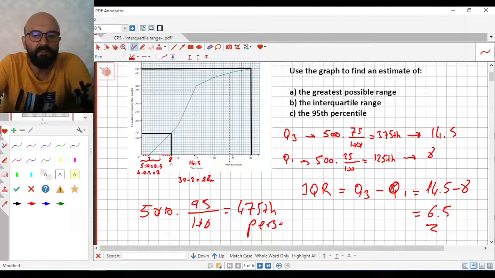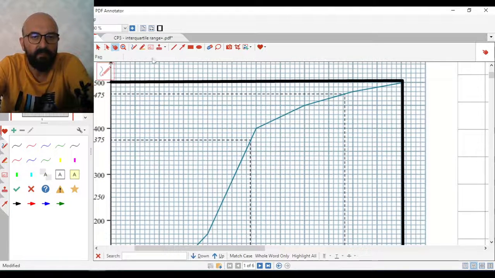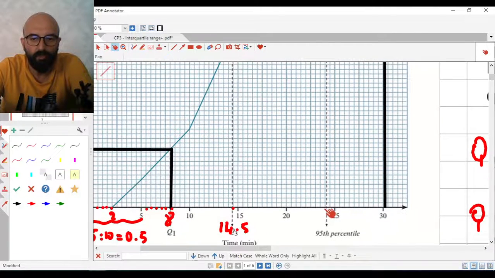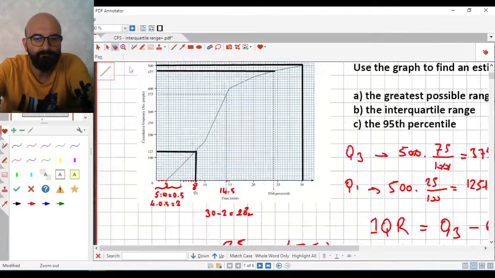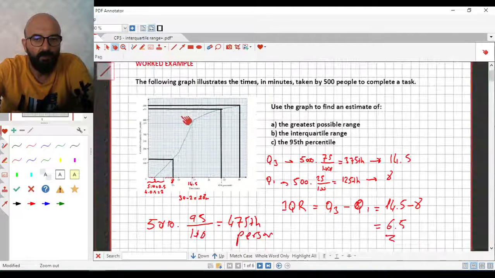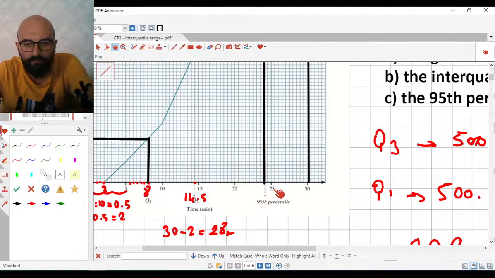The 475th person means on the graph this situation, and it gives us 25 before 1 and 2 squares.